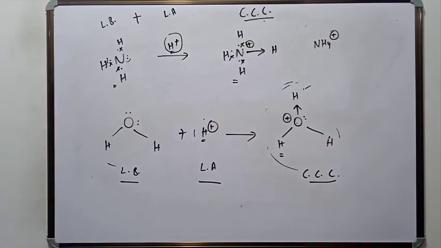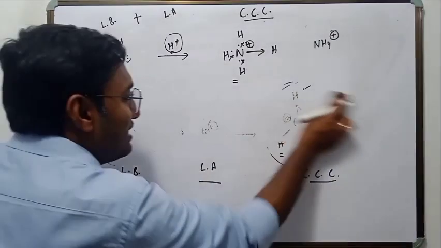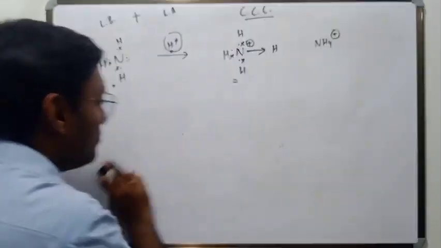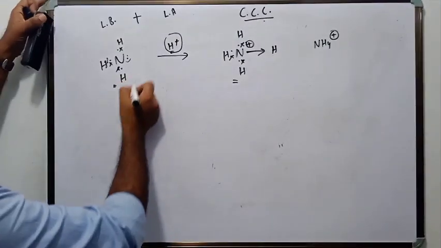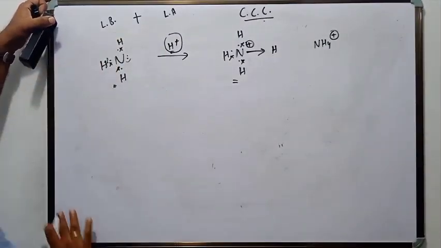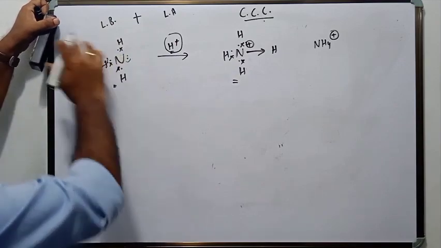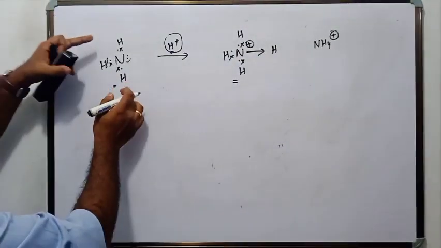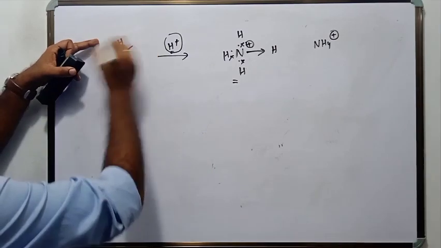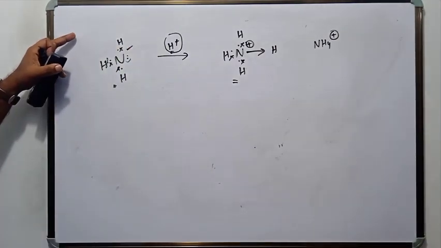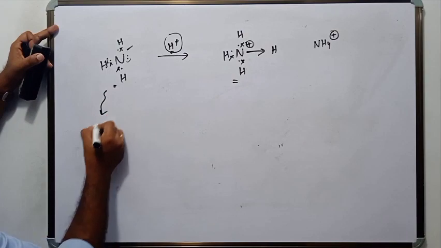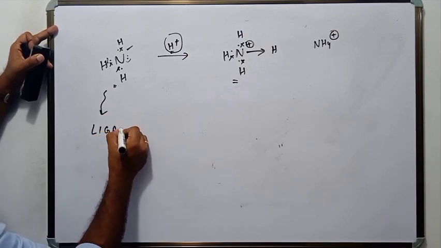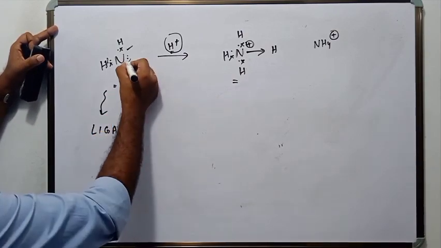Another thing that I want to tell you is that the whole of this molecule is not the donor atom. Is the whole molecule the donor atom? No. In this molecule only nitrogen acts as the donor atom. The molecule as a whole is called the ligand molecule, and the donor atom here is the nitrogen atom.